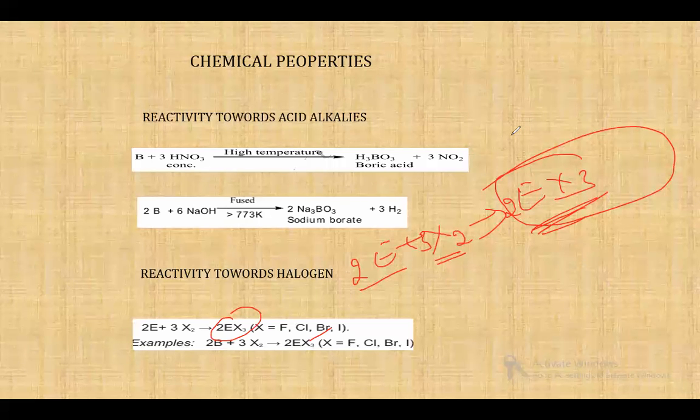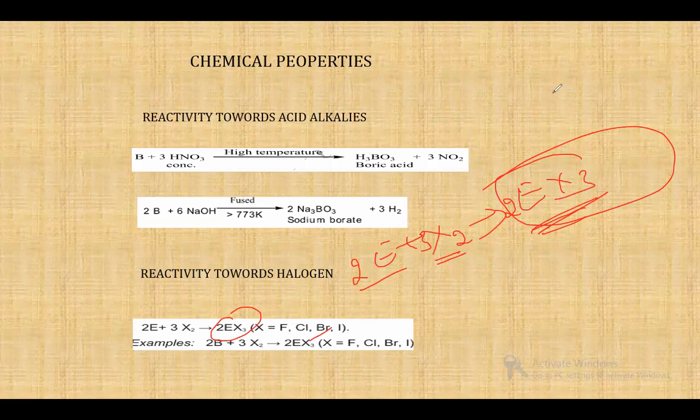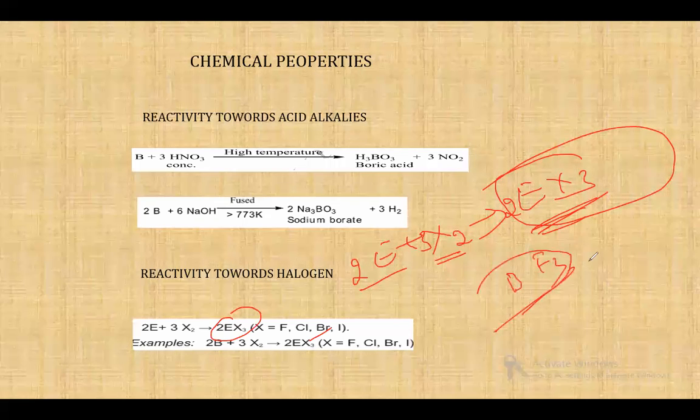In the case of boron trifluoride, BF3, it does not undergo hydrolysis. All the boron trihalides except boron trifluoride are hydrolyzed to boric acid. Why will boron trifluoride not hydrolyze to boric acid?